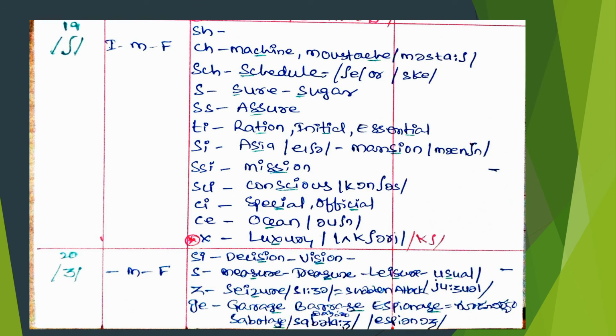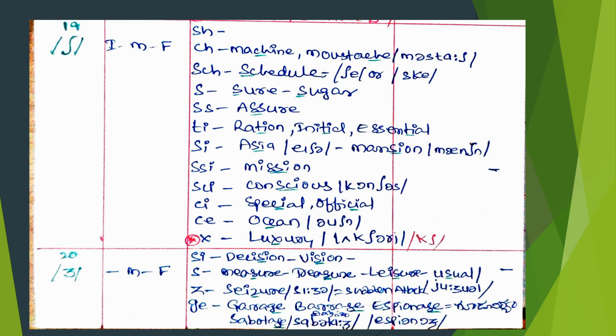There are many spellings to represent the sound sh. As you know, it happens initially, medially, and finally. It is represented initially by SH, and also with CH, for example, machine.